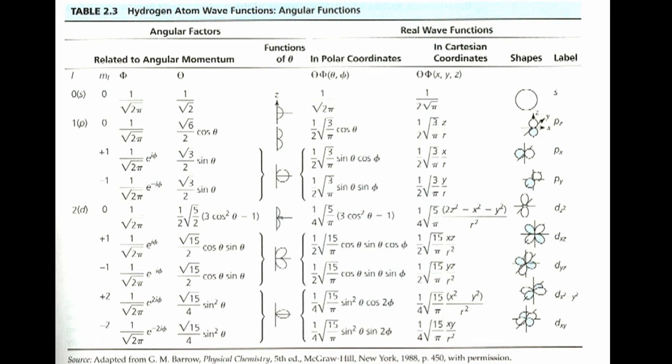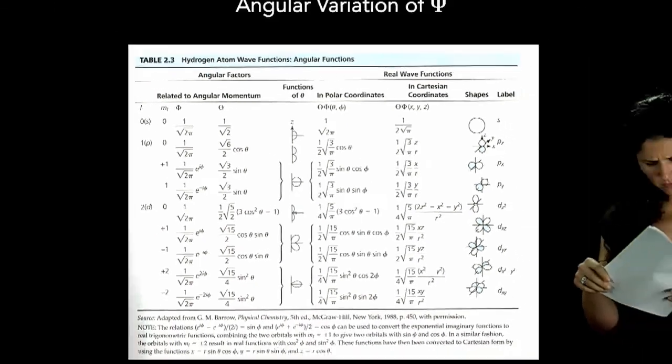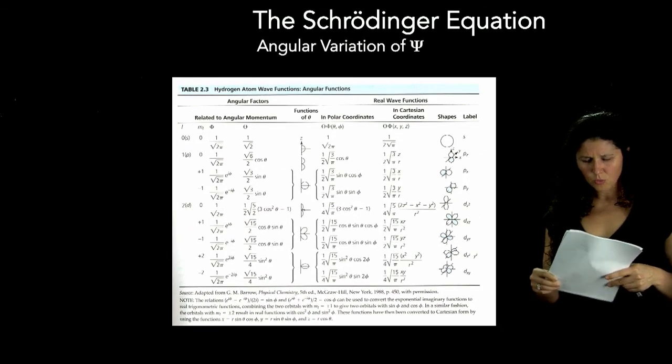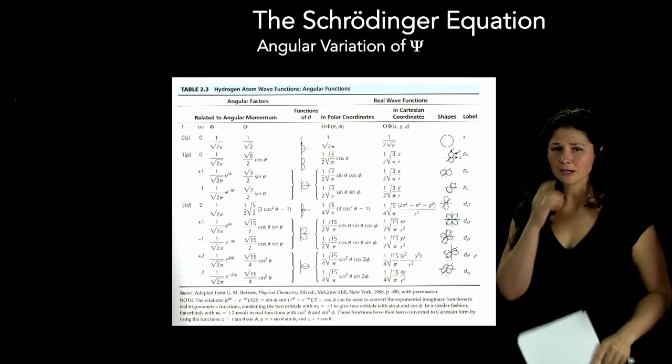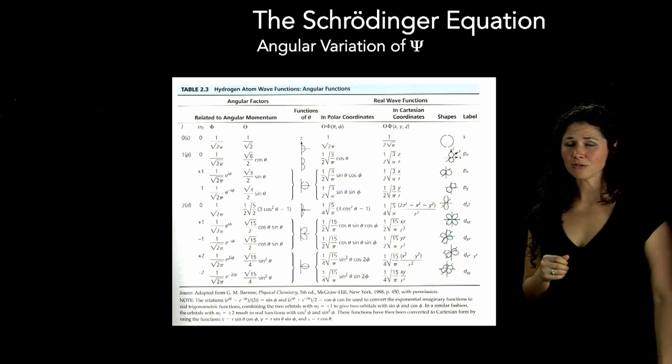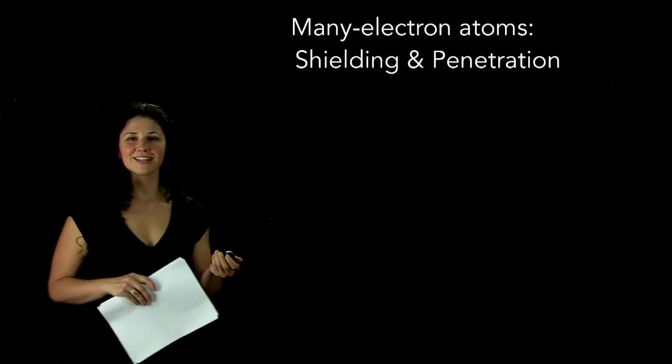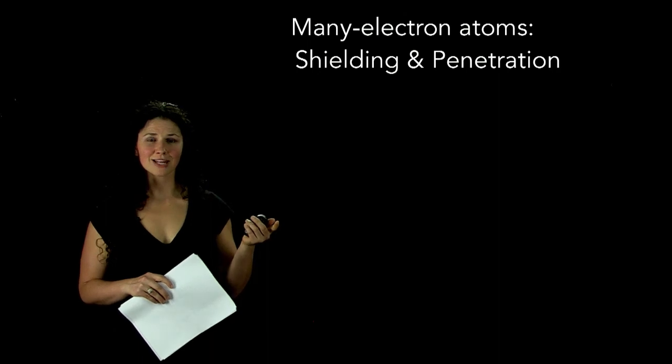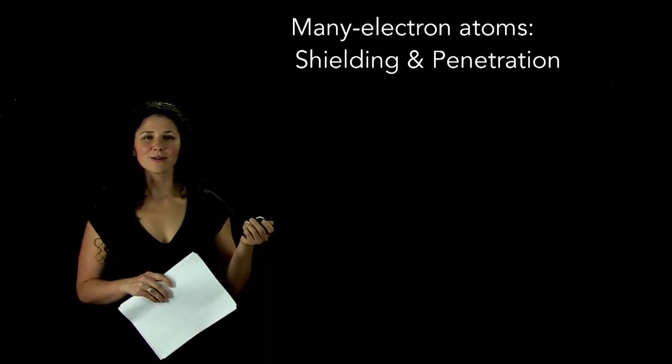And here you can see the three-dimensional boundary surfaces for the simplest examples of s, p, and d orbitals. So really what I want you to understand here is that the angular variation is different than the radial variation, and you don't get the orbital unless you put them both together. All right, well, the next video is going to talk about many electron atoms, so I will see you then.